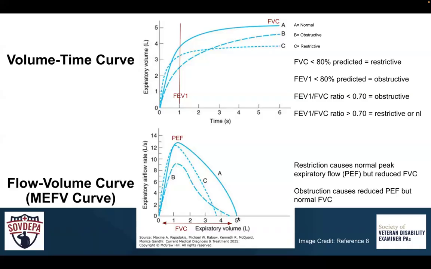But the forced vital capacity is almost close to normal, okay? And basically, in obstructive lung disease, such as COPD, asthma, airway narrowing, the loss of elastic recoil leads to airway collapse and increased resistance in that first second.